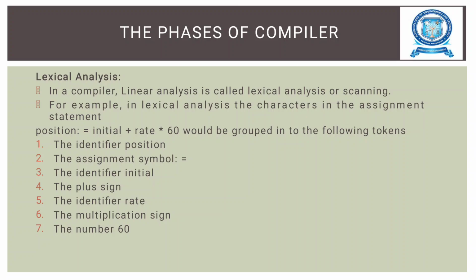In the detailed description of the lexical analyzer, it takes the input: position equals initial plus rate star 60. This is the input string. The lexical analyzer generates tokens: identifiers, operators, and constants, along with the assignment symbol.